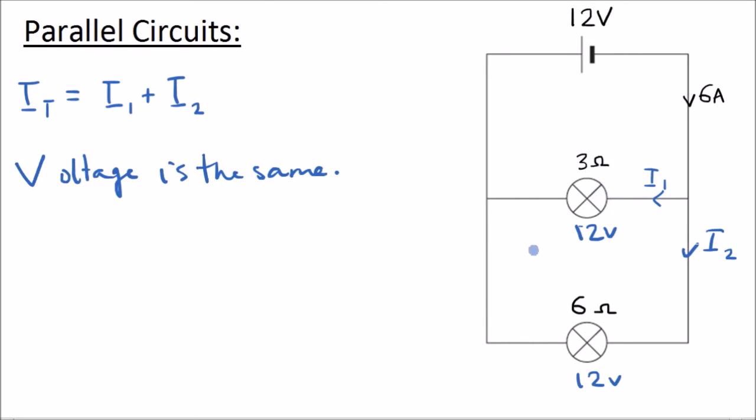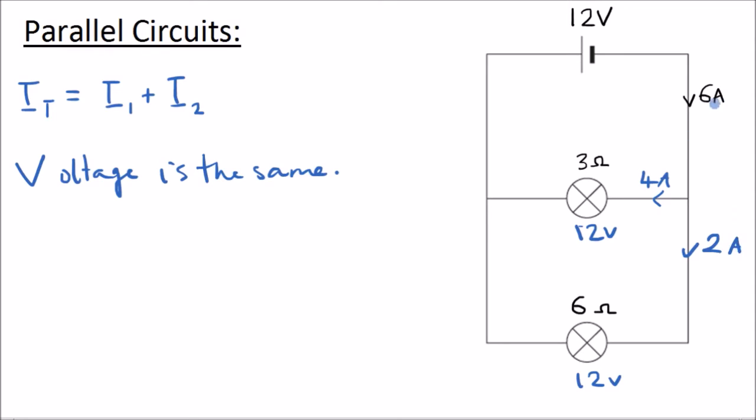Now let's try to make sense of this because it's quite difficult to understand. Imagine we have 4 amps. So I1 is 4 amps. We have 4 amps flowing through the smallest resistor. That's the highest current in either of the 2 branches, because if that is 4 amps, then I2 has to be 2 amps, right?